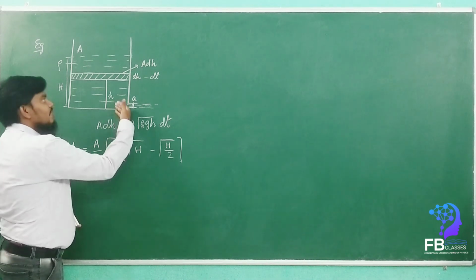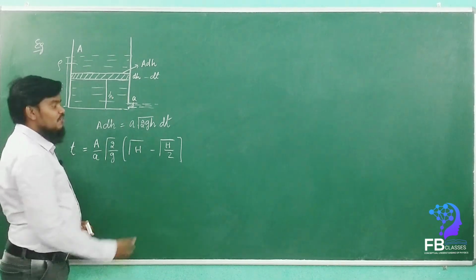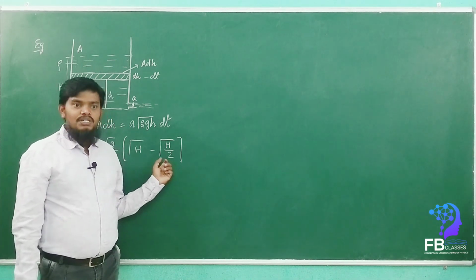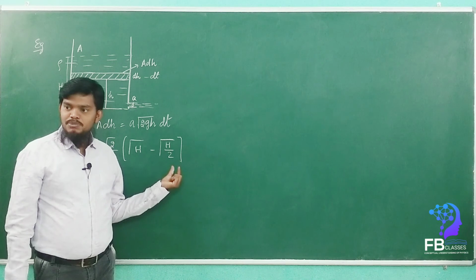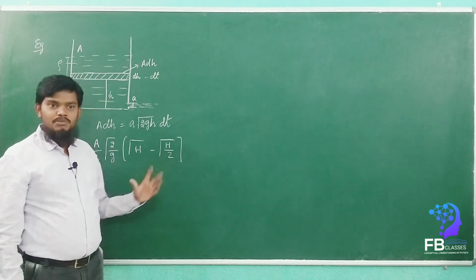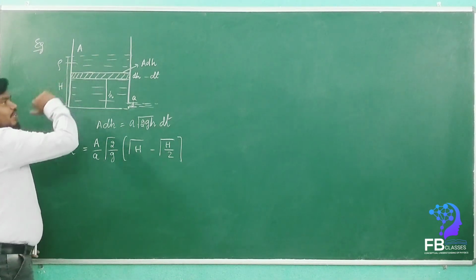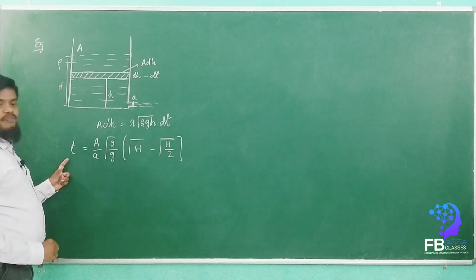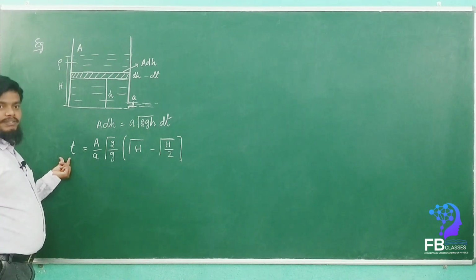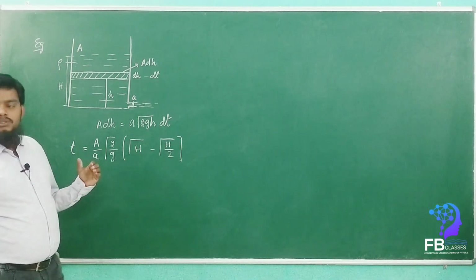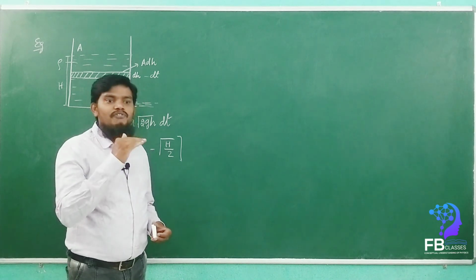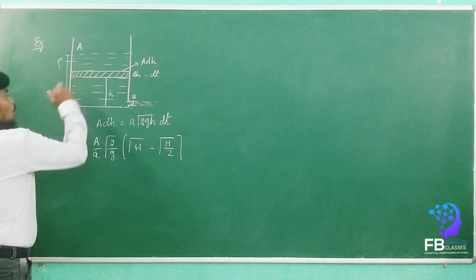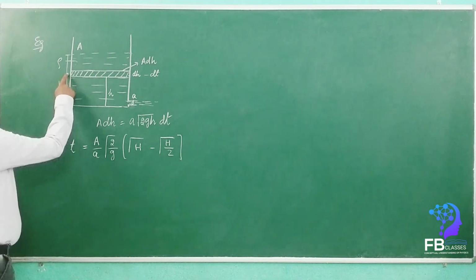Whatever volume he says to reduce, that much height we have to take here. This height is the height of the liquid column. So this equation is for the time taken by the liquid to come down to half of the height.